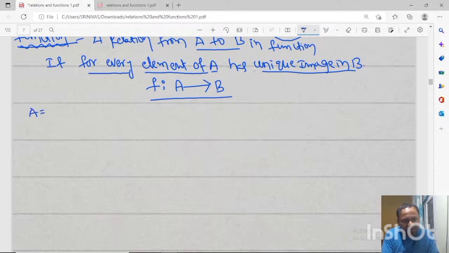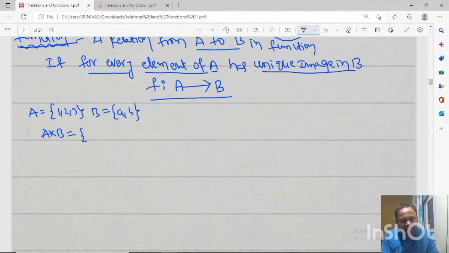A is equal to {1, 2, 3}, and B is equal to {a, b}.